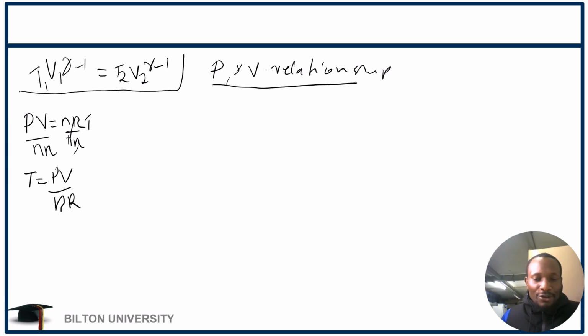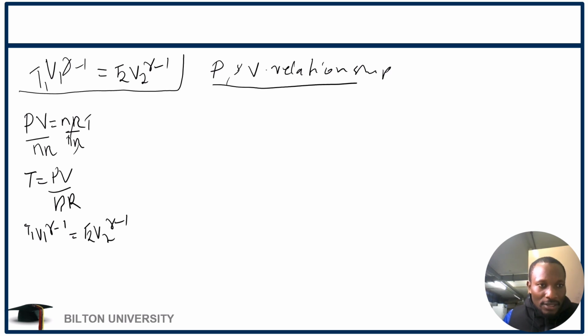If we're looking at the initial temperature, we can go back to our equation, which says T1 V1 to the power gamma minus 1 is equal to T2 V2 to the power gamma minus 1.